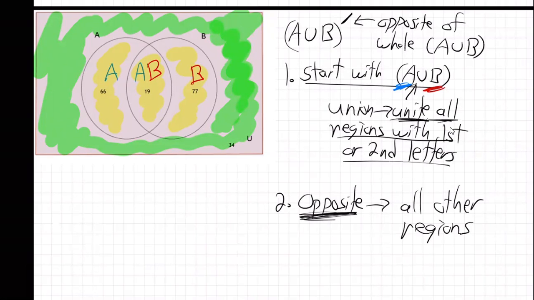And so that's just a nice, clean 34. And we are done. That's the outside, 34. It's the opposite of the union. Questions on that one?